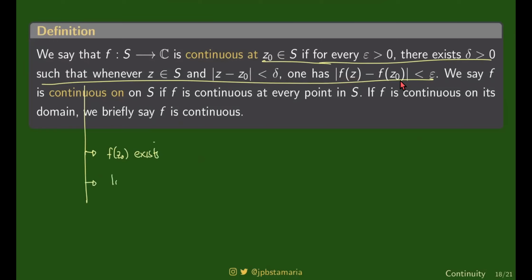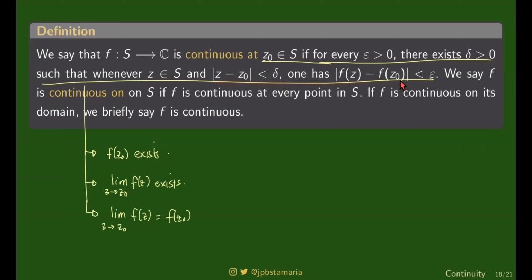Number two, dapat the limit of f of z as z approaches z naught must also exist. At pangatlo, yung pinaka-importante, dapat yung dalawang numbers na yan ay nag-agree. Kumbaga, yung limit mo is actually the same as the functional value at z naught. When you evaluate f at z naught, dapat nag-agree yun. Hindi ba yan lang naman ang meaning yan?